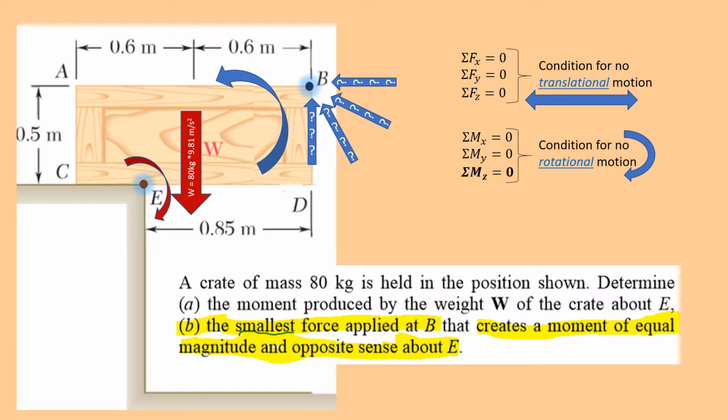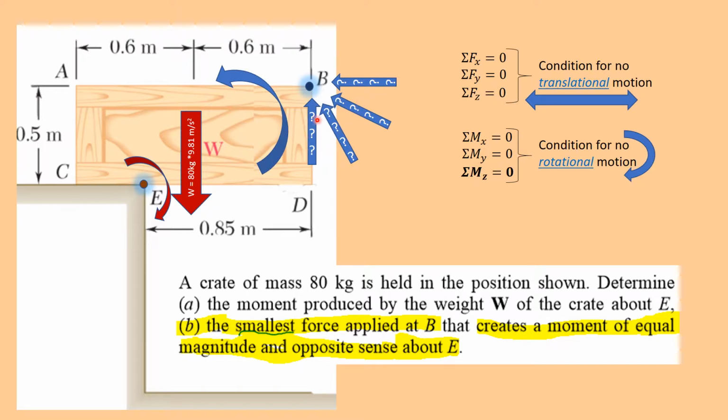Part B. So we want to be able to find the smallest force applied at B, all of this stuff in blue up here, that will create a moment of equal magnitude and opposite sense around E. So it's team red versus team blue, team clockwise versus team counterclockwise. And to figure out what the smallest force is, it's all going to be applied at B, but there's a lot of different directions that we could apply that force with.